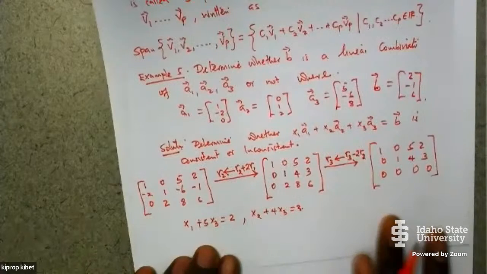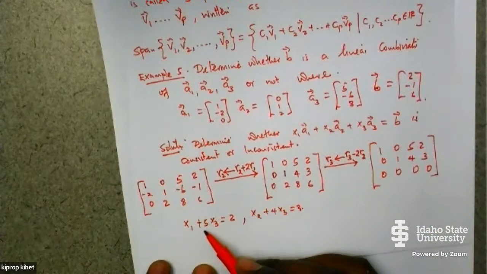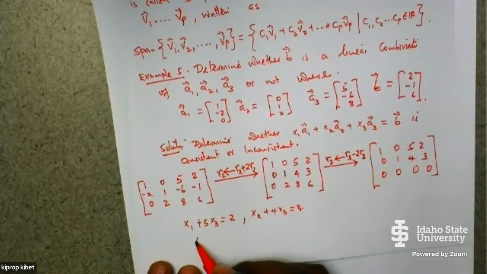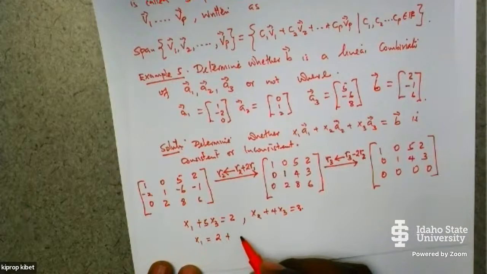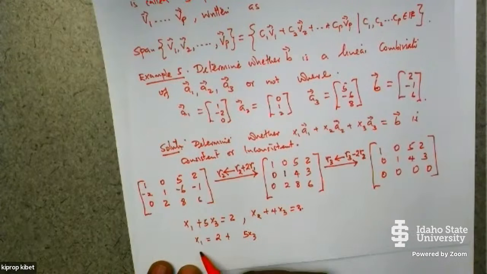And therefore, we take the values of x3 to the other side. So x1 equals 2 plus 5x3, or x2 equals 3.